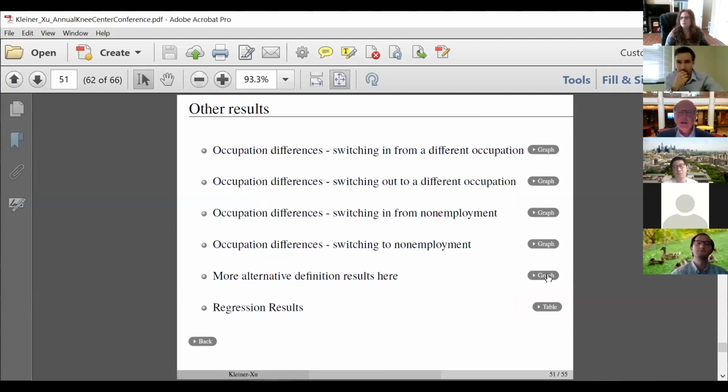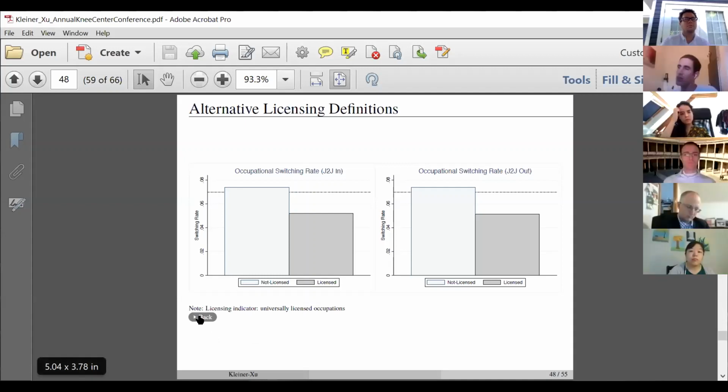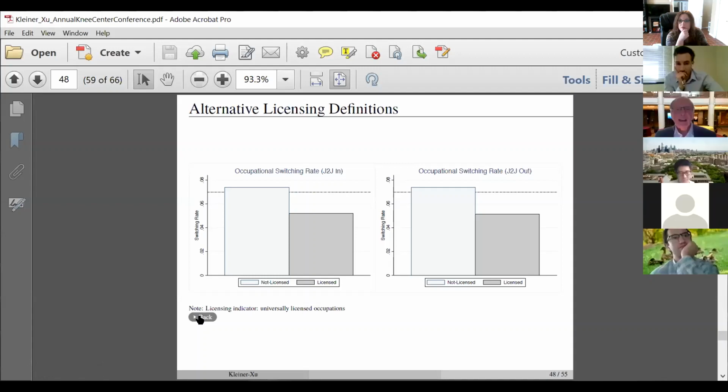Some more definitions, switching in using the licensing indicator of universally licensed occupations, using questions 1 and 2 versus questions 1 through 3 in the CPS. We find basically the same general magnitude. Individuals who are not licensed tend to switch in and out of occupations.